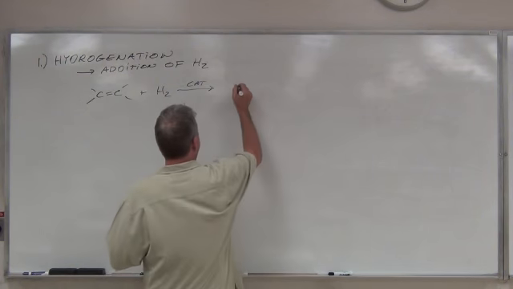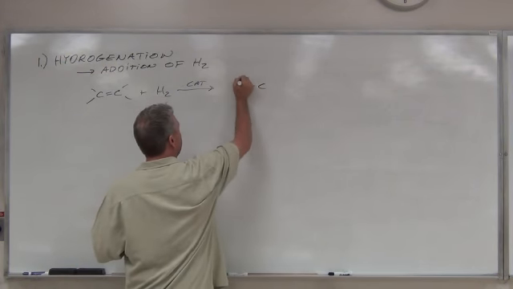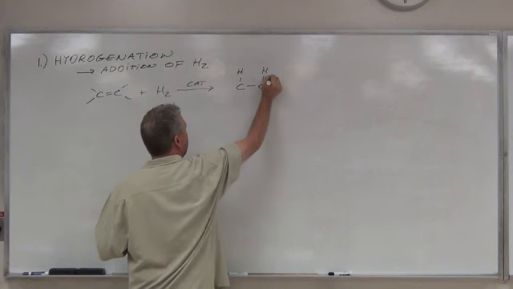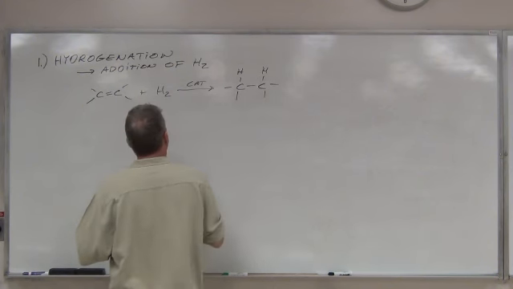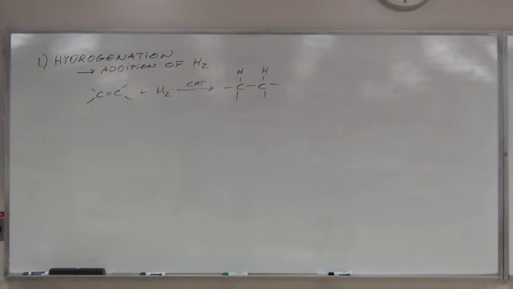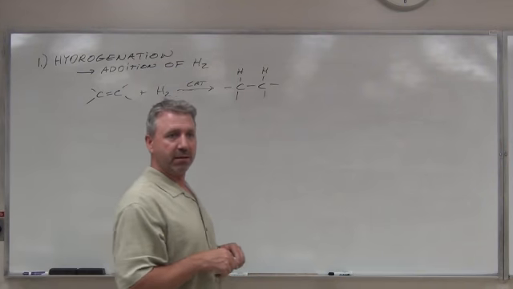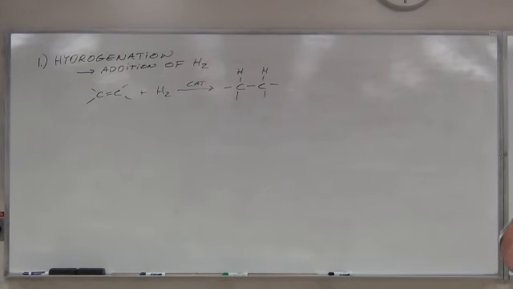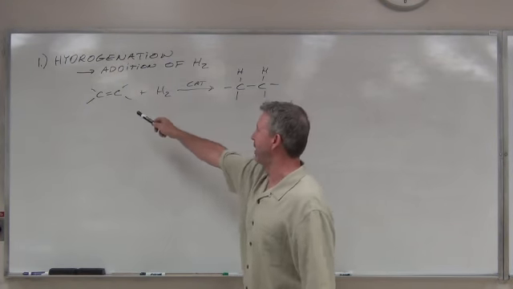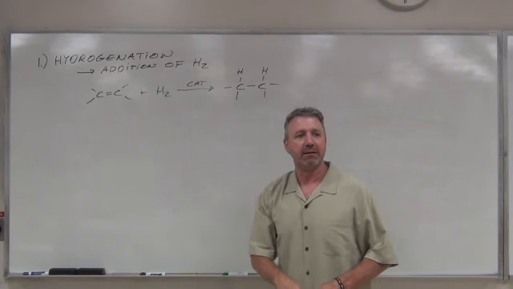And you're simply going to add a hydrogen to each carbon of the carbon-carbon double bond. Hydrogenation. What does that create, you guys? It takes an alkene and makes what? Alkane? Makes an alkane, doesn't it? It takes an alkene and makes an alkane out of it.